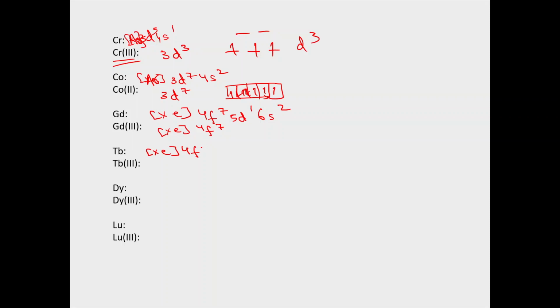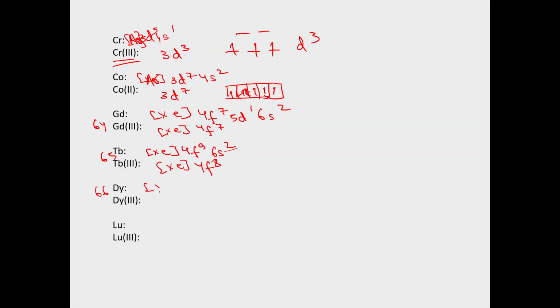Terbium has 4f9 and 6s2. Its atomic number is 65. So terbium 3+ means 4f 2 from here it will go and 1 from here, so 4f8. Then comes dysprosium with atomic number 66.